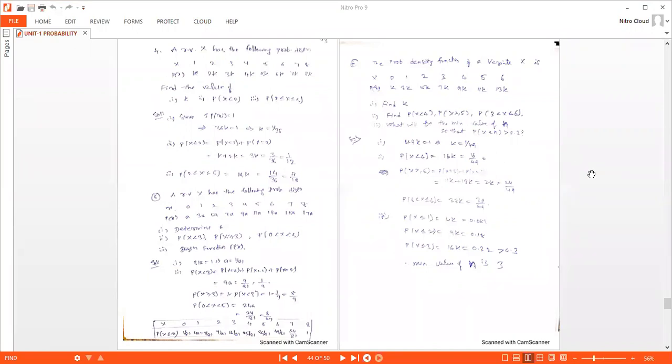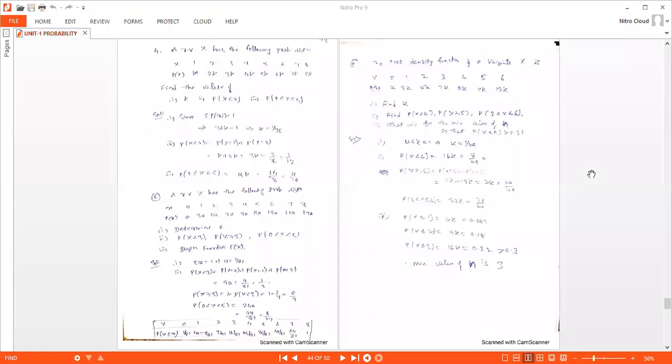So first, probability of X less than or equal to 1. So means you need to take k plus 3k, that is 4k. So 4 by 49. So you have some fraction value, that is 0.081.